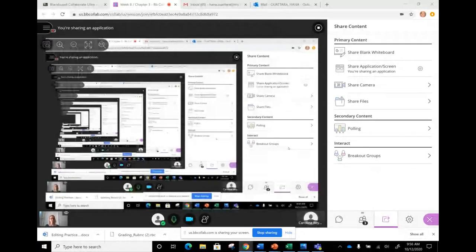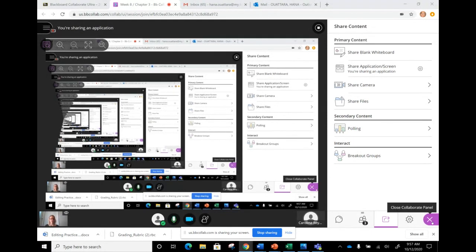Okay, so let me share my screen with you, and then I'll show you on my screen really quickly how to set up PowerPoints. If you want to on Wednesday, you can show us your PowerPoint just to make sure it works. I've already given you guys permissions to be able to use these applications on the right side.